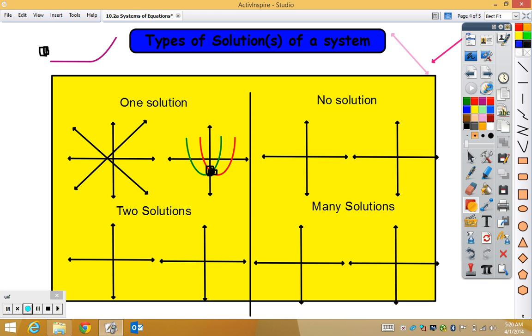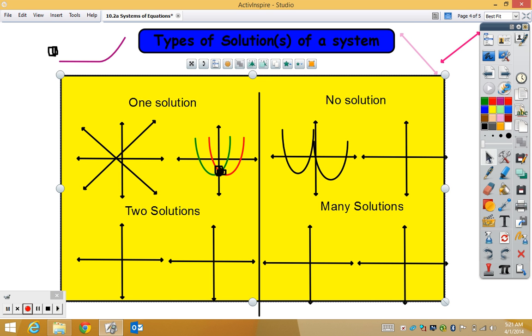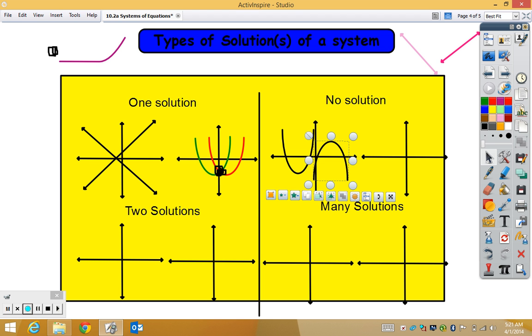I could have maybe a quadratic, like so, and then I'm going to have another quadratic. Right now you can tell that they're going to intersect, but if I rotate that quadratic so it opens down, those two quadratics would not intersect.